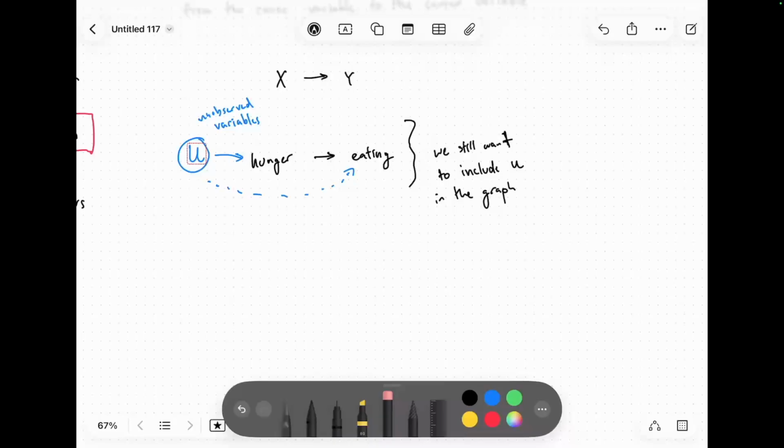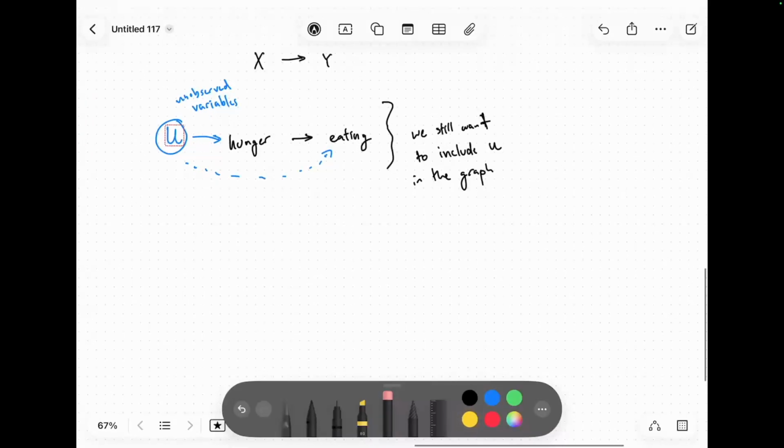And so if I were particularly interested in this effect, then I now have a confounding variable, something that's confounding that effect if this relationship indeed exists, right?